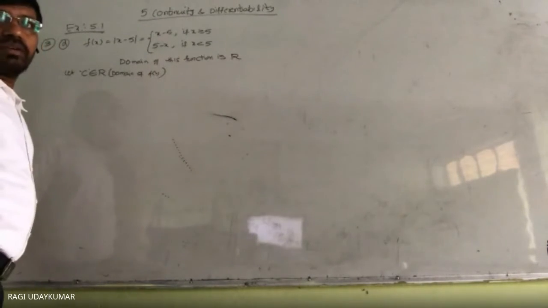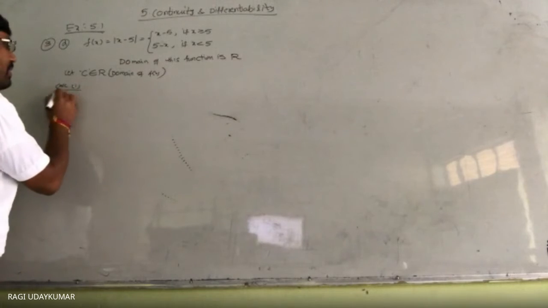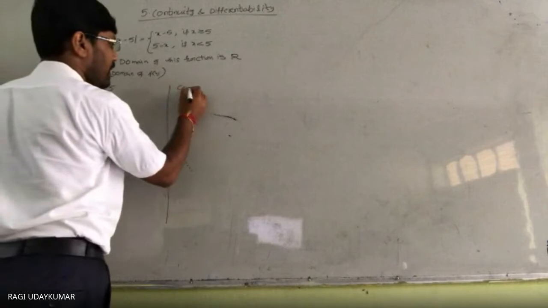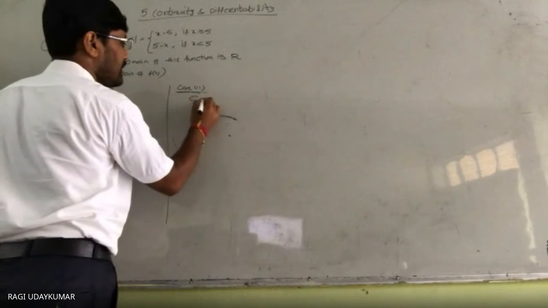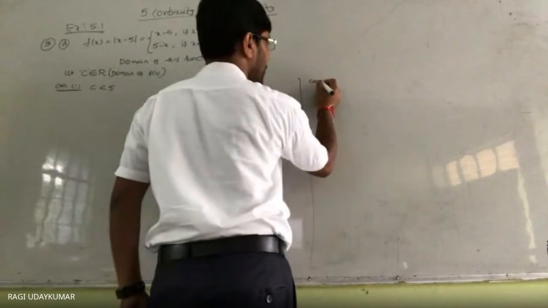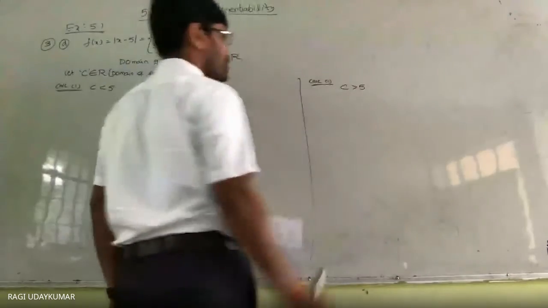So there will be 3 cases. Case 1, c less than 5 हो सकता है. Next, case 2, c is equal to 5 हो सकता है. Case 3, c value should be greater than 5 भी हो सकता है.